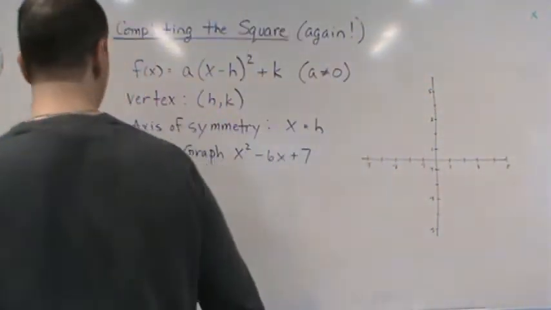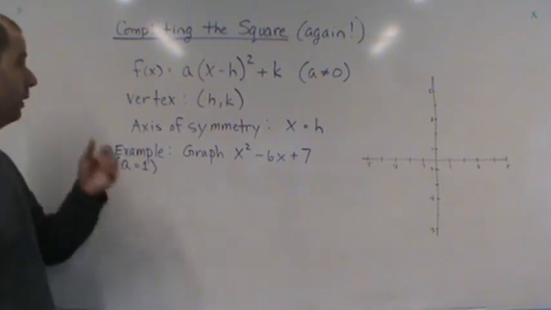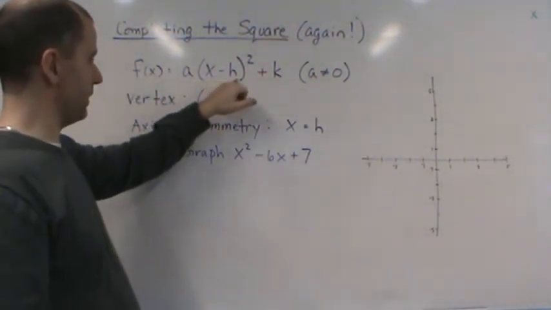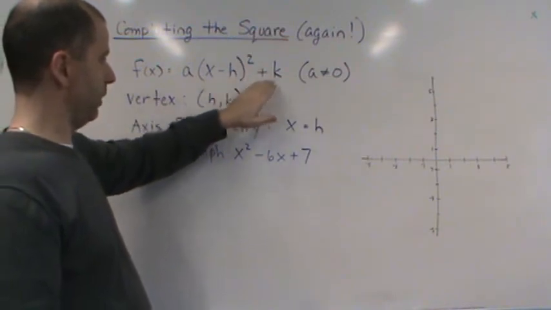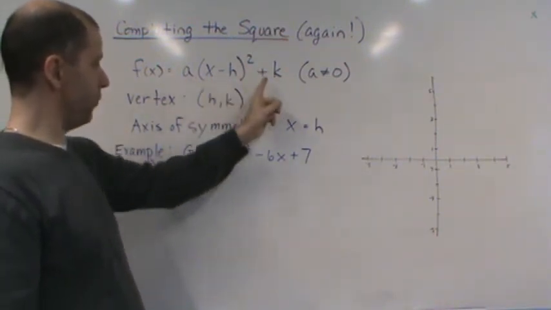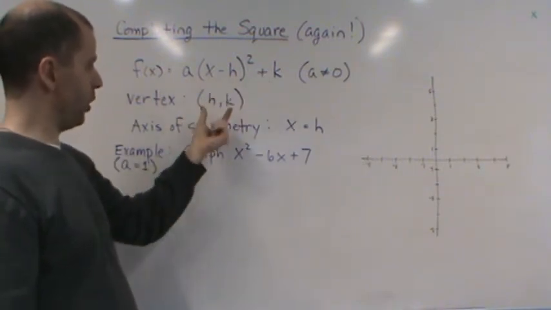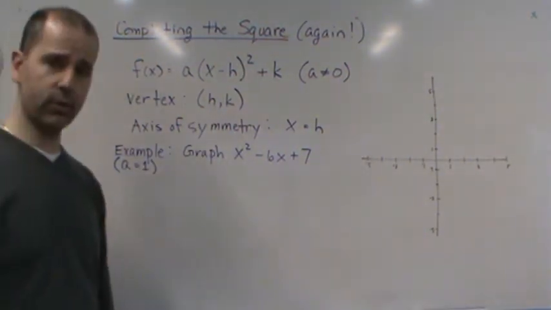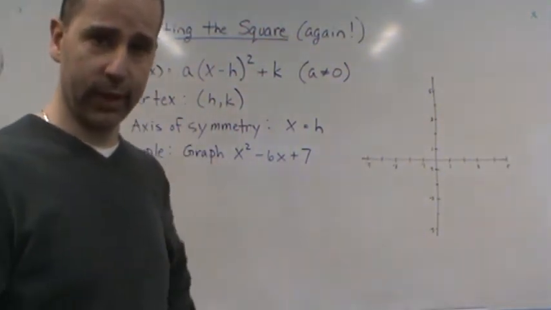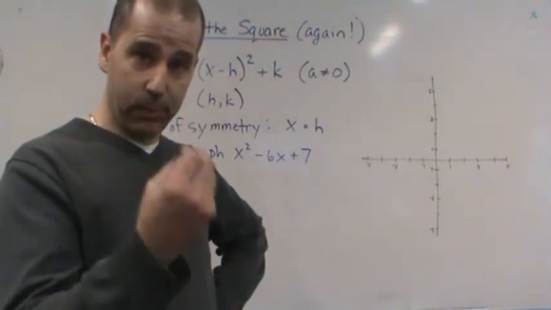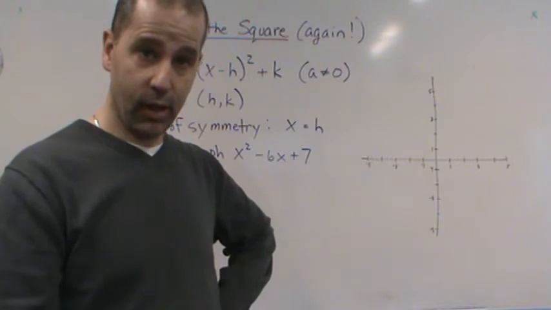So in this form, we have a times the quantity x minus h squared plus k. Now h, k, if it's in this form, again, subtraction, addition, then the vertex is (h, k). Just like when we talked about circles, the center-radius form of a circle. If it's in that form, then it's easy to pick out the radius and the center of the circle.